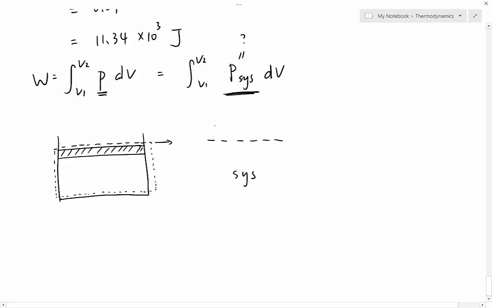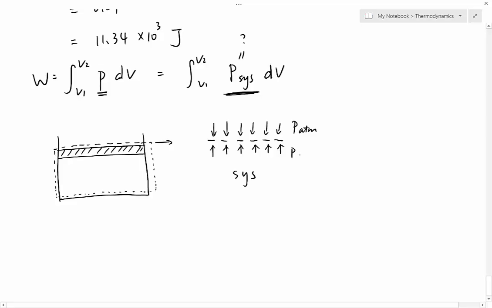So now, just like before, on top of this surface, you still have the pressure of the atmosphere acting on it going down. And this time you also have the pressure of the system acting on it, but upwards.